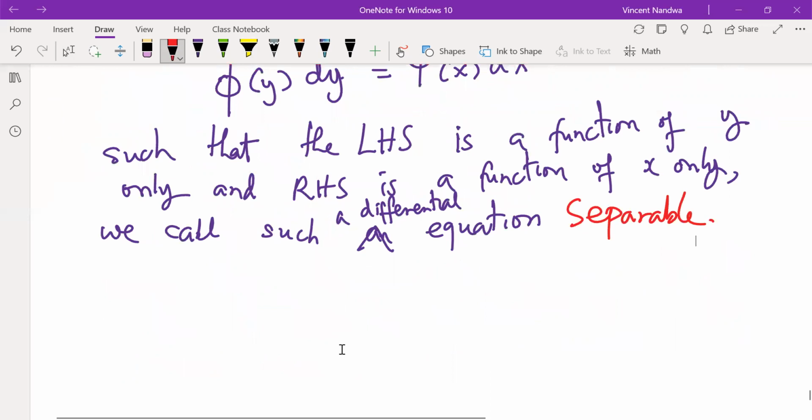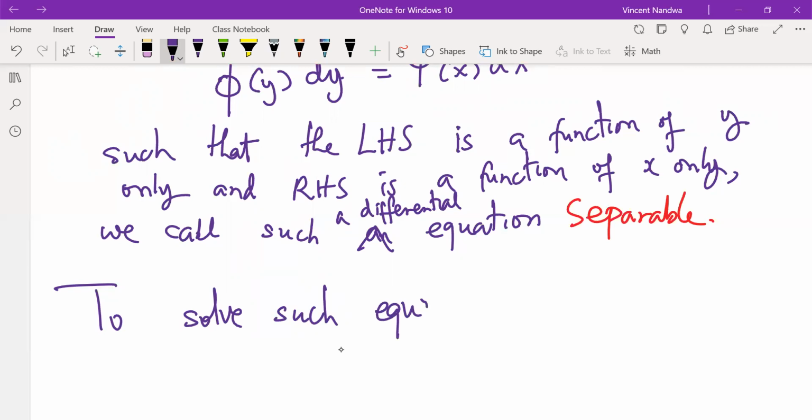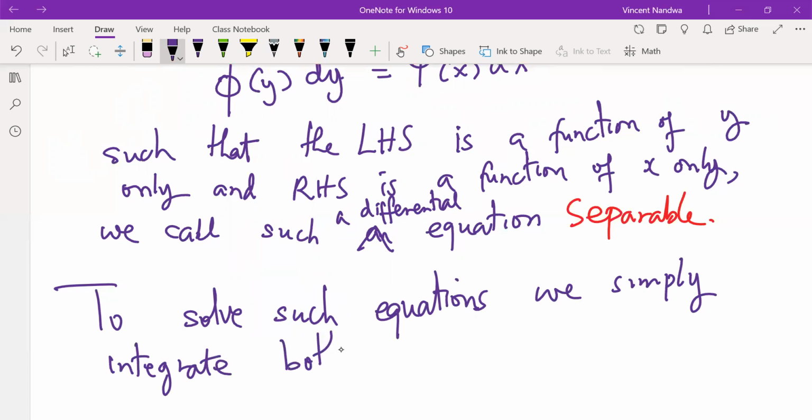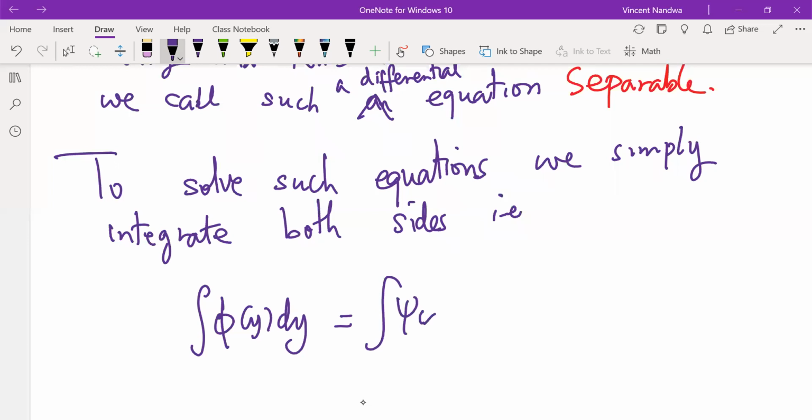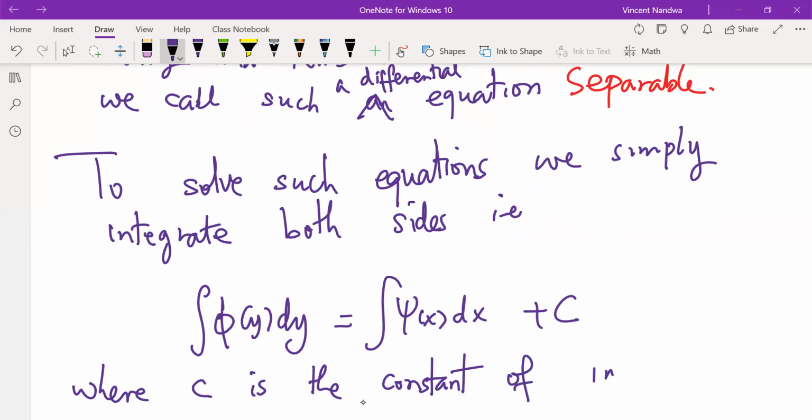To solve such equations, we simply integrate both sides, i.e., the integral of phi of y dy equals the integral of psi of x dx, and then we add a constant of integration, where c is a constant of integration.